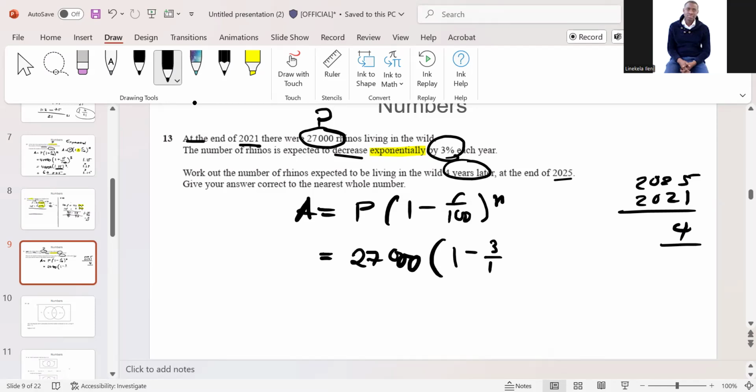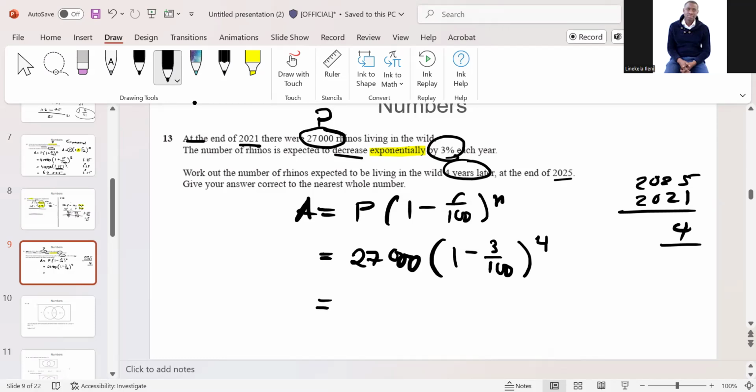Minus 3 over 100 to the power of how many years? 4 years. Now, like I said, guys, in your exams, it will be very easy for you to solve this value. They're not going to give you values you cannot resolve. So in this case, obviously, 3 divided by 100 is 0.03. You take away from that, you raise that to the power of 4.